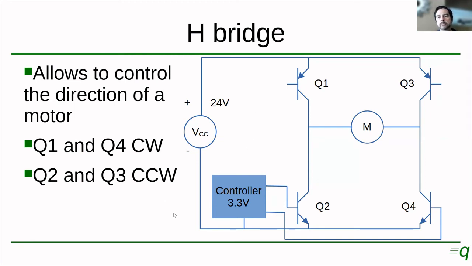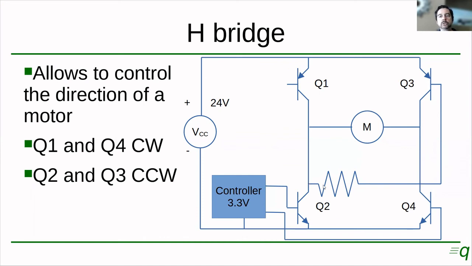we can resort to the same trick as we used in the previous slide, right? In this case, when we turn on Q2, we have the base of Q3 connected over here, right?